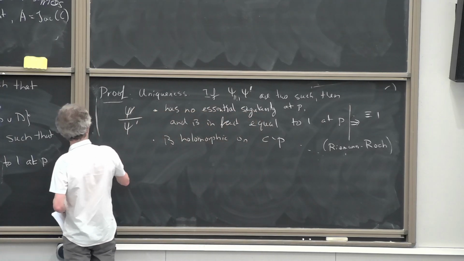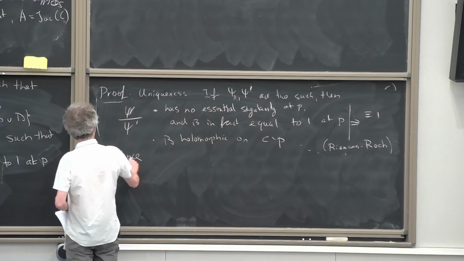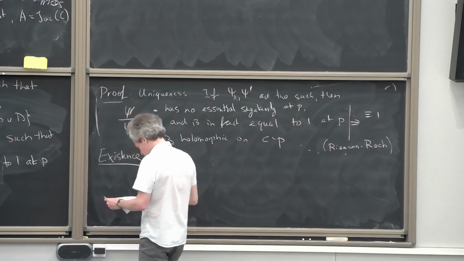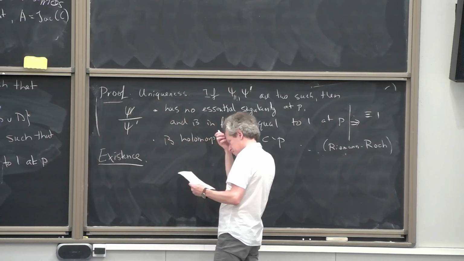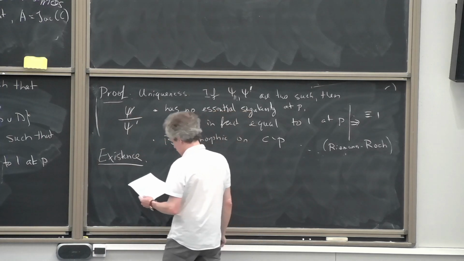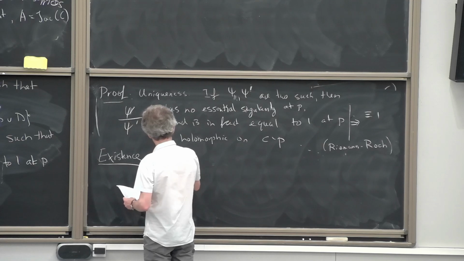Okay, now let me try to show why it exists. Existence. Well, you can try to prove existence, which is fun. But I can just tell you what psi of z is.